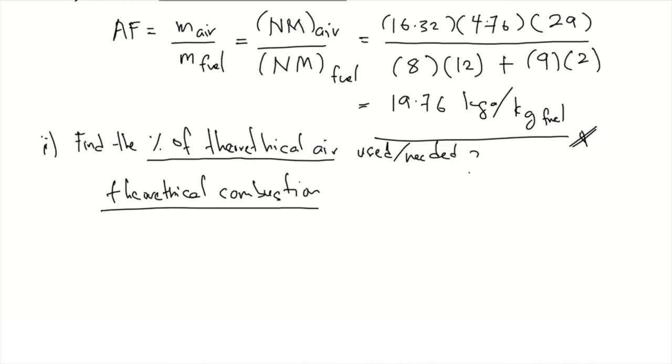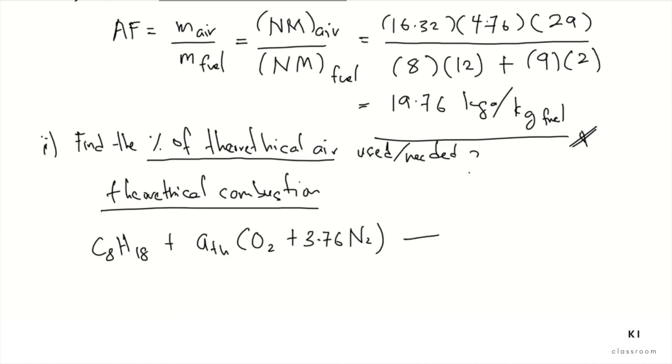So for this fuel, C8H18 plus, now it's actually ATH. Before this, I was using A. ATH represents theoretical air, plus O2 plus 3.76 N2. So what is the product of theoretical combustion?